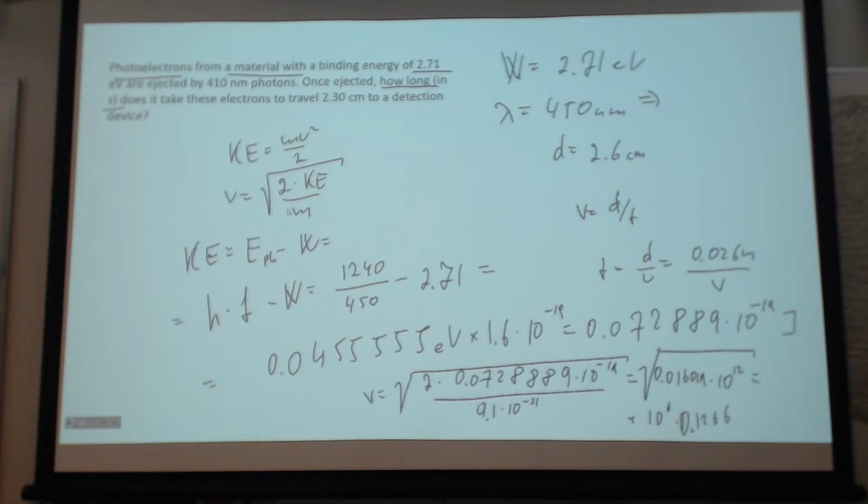And now we need to calculate time, which is 0.026 divided by that speed. So this is 0.026 divided by 0.1266 times 10 to the negative 6.